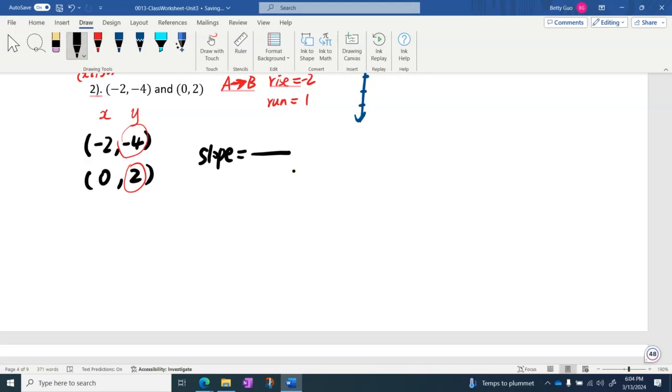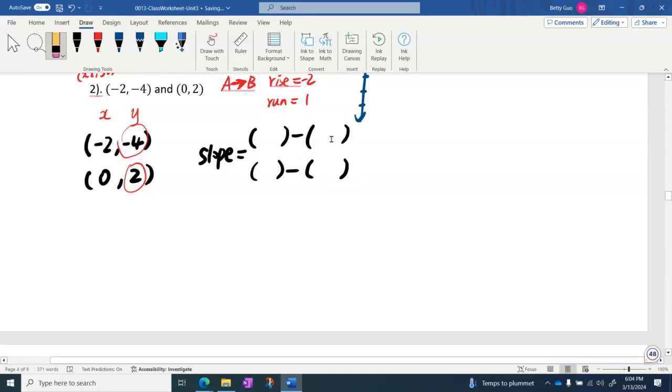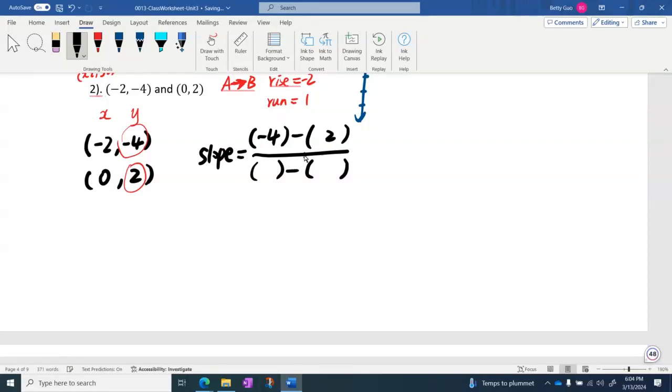So slope equals parentheses minus parentheses all over parentheses minus parentheses. In the numerator, we put the first y here, second y here. In the denominator, we put the first x here, second x here. All right? And then we evaluate.